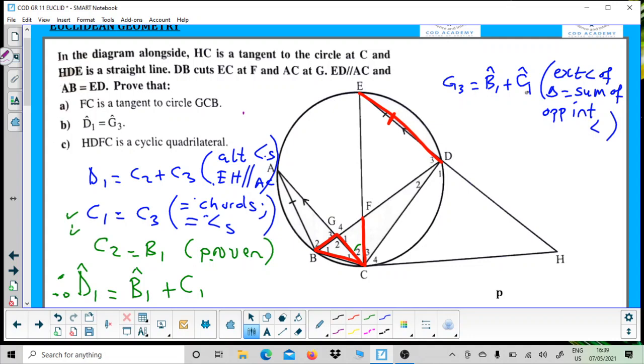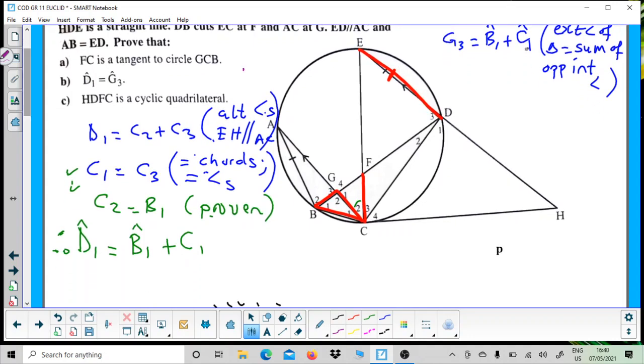So it's a skill you are going to use. Because of time, I'm not going to use another method. I'm just, however, going to prove that HDC is a cyclic quad. Can I just conclude? Therefore, D1 is equal to G3. We proved that. So you have to conclude.